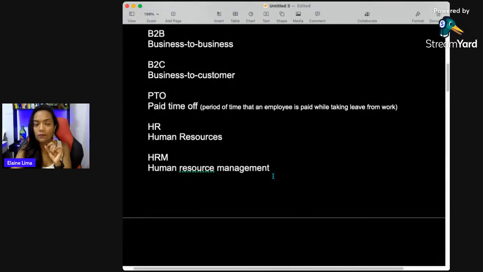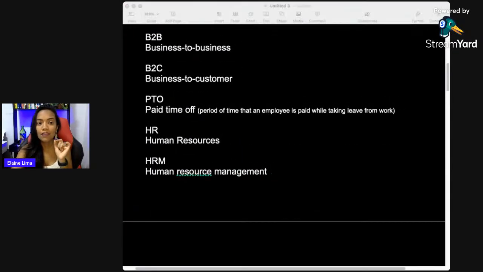So HR. And then we have HRM, the next one here. So HRM is Human Resource Management. So then in this case, we don't use the S in resource, okay? So Human Resource Management, right? So let me get the next picture for you here.